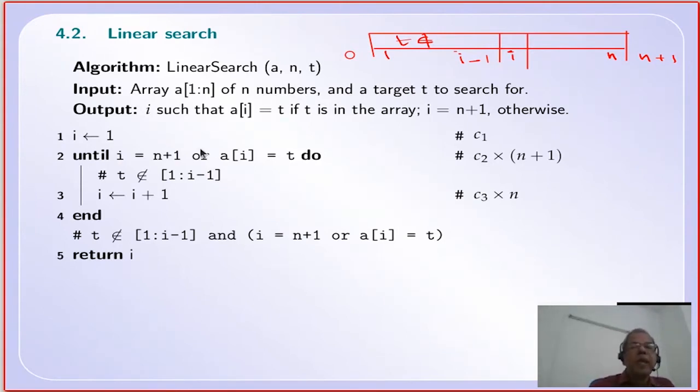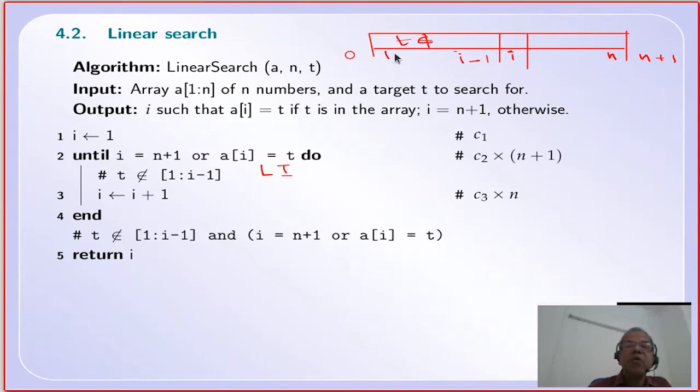I write the algorithm this way. This is the loop invariant: T is not in the subarray 1 to I minus 1. To start with, I becomes 1. Therefore, we say T is not in subarray 1 to 0. Subarray 1 to 0 is empty.